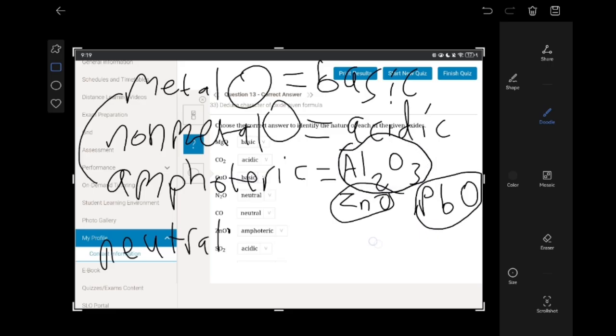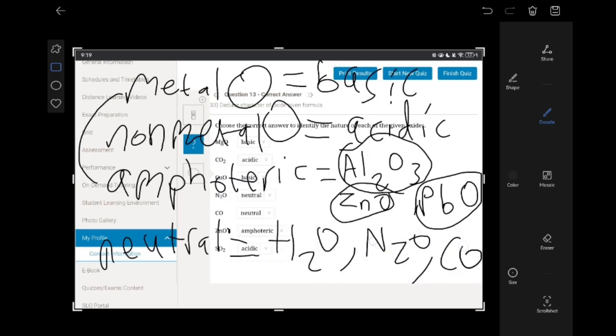So if you put them with an acid, they're going to react as a base. If you put them with a base, they're going to react as an acid. The neutral ones, there's three other exceptions: H2O, N2O, and CO. Now the thing is, you can't get confused between N2O and NO2, because NO2 is a non-metal oxide. It's not neutral, so it's acidic.